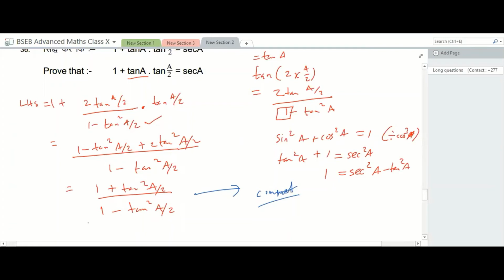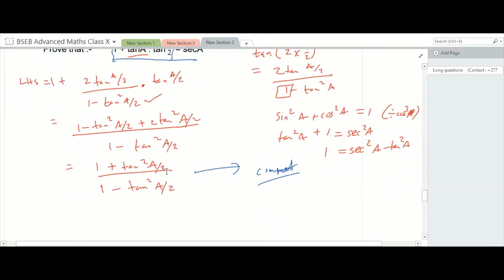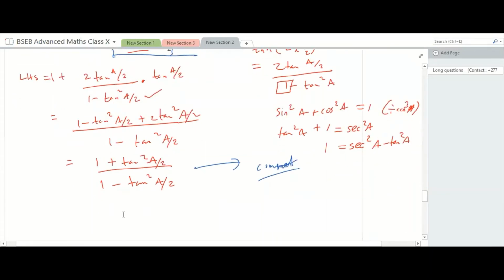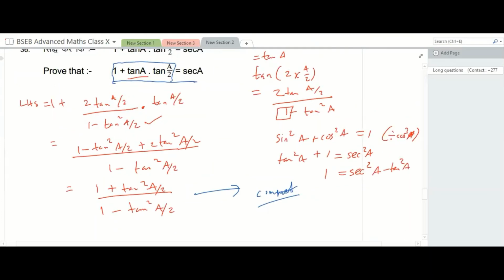Right now, I'm just looking at that identity. I should have just used the traditional method here, which is the expansion for tan as sine over cos, and tan of A over 2 as sine over cos. Right, so let us just look at that alternative method.